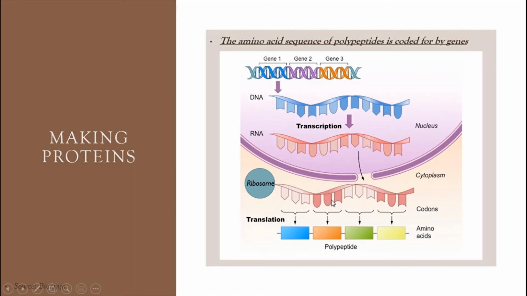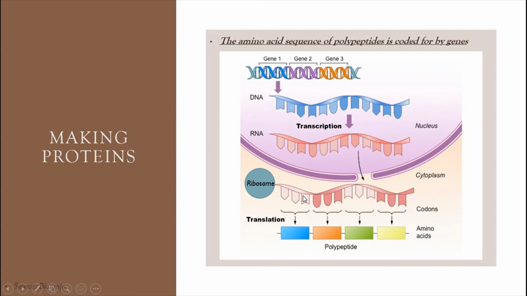Then at the cytoplasm, it's going to encounter a special organelle called a ribosome. And at the ribosome, this RNA is going to be translated into amino acids. There's more about this when we look at protein synthesis later on in this topic. But as a brief rundown, we've got codons, which are made of 3 bases. When those bases are read through the ribosome, it puts out an amino acid.